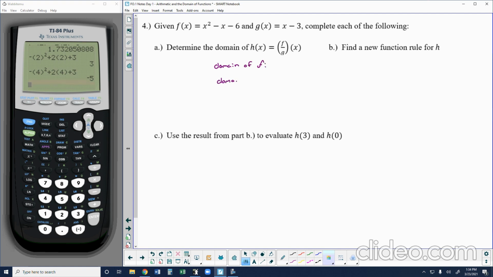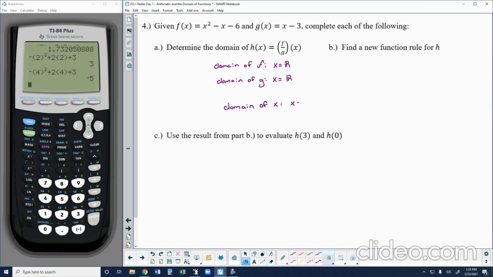Now, the domain of h of x in this case is the overlapping of those two values, which would be all numbers. However, we do have to take into consideration that x minus 3 is actually going into the denominator. So x would actually be all real numbers except for 3.